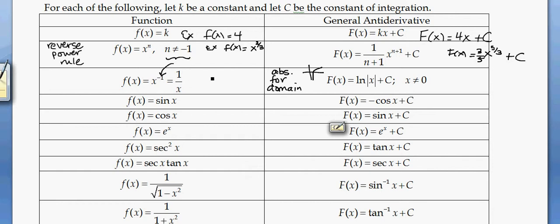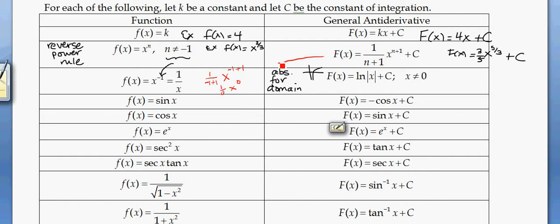I want you to notice here that if I were trying to apply this rule, the reverse power rule, to x to the -1, I would get 1 over -1 plus 1 times x to the -1 plus 1. So I'd be getting 1 over 0 times x to the 0.